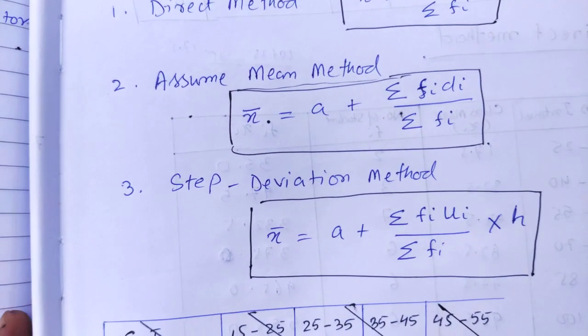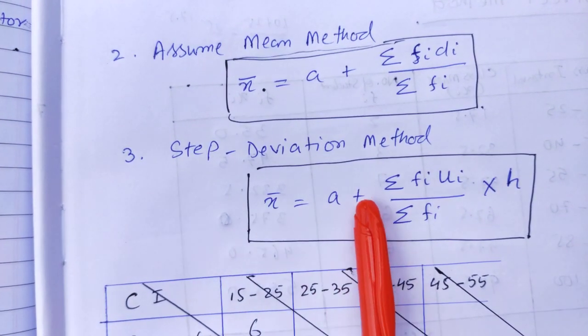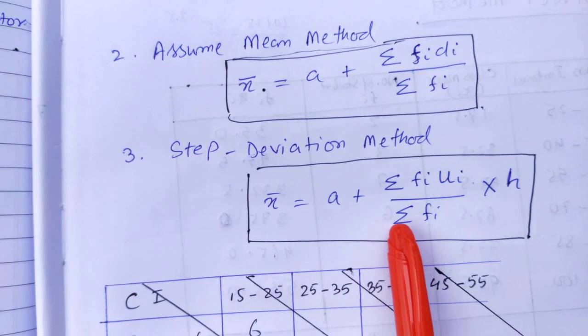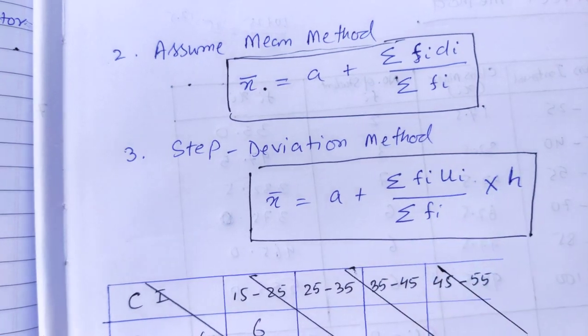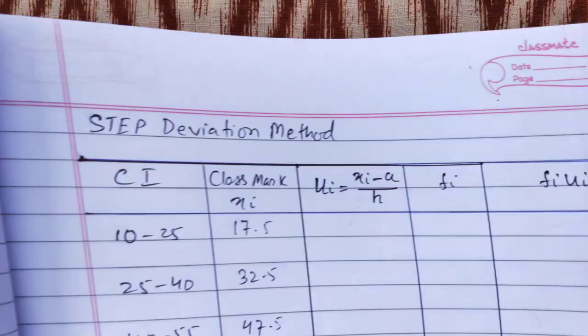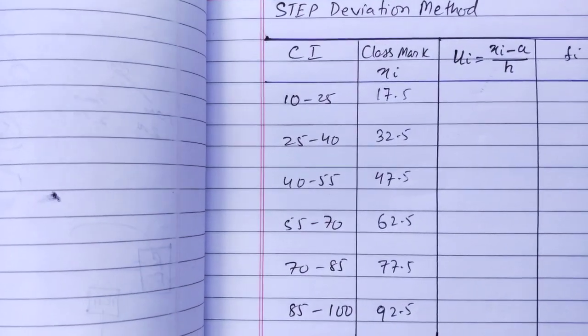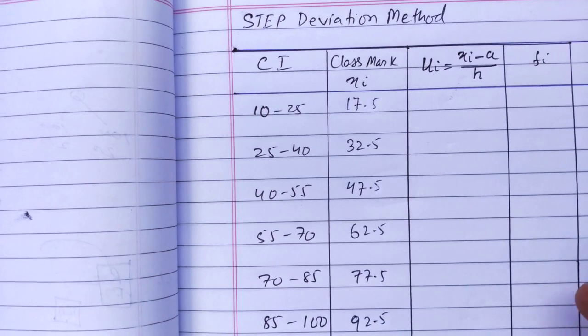Now let us do the step deviation method, okay? The formula is A plus summation fi ui by summation fi into h. So let us do the assumed mean. We found the mid values, and I will write the frequency also.